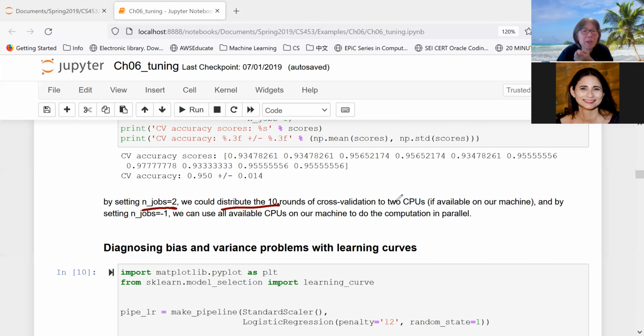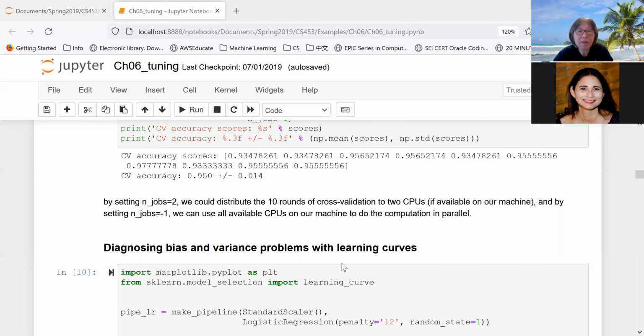So it can be distributed to more CPUs. And it says if you set it to -1, then you can use all available CPUs. Okay, so it's just a parallel computation here.